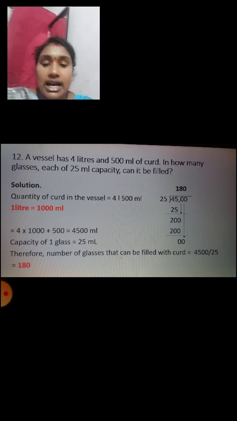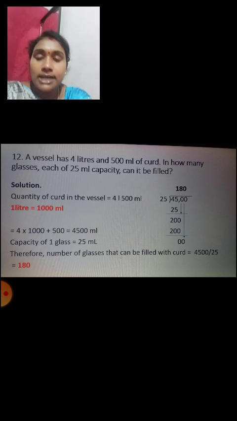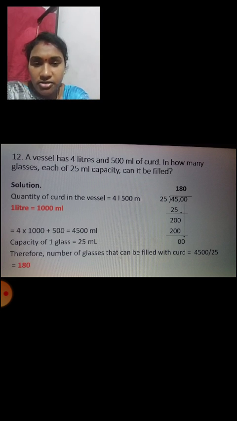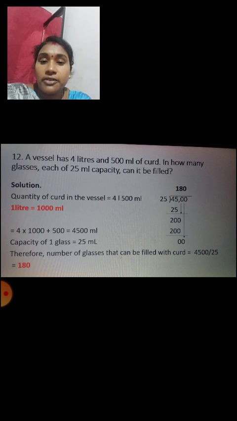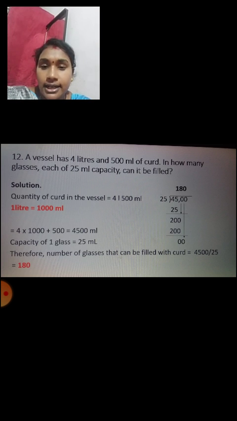Whenever it is asked like this, you need not multiply, instead you have to divide. Okay, so 4500 divided by 25 will give you 180. Okay, so therefore the number of glasses that can be filled with curd is 180 glasses.